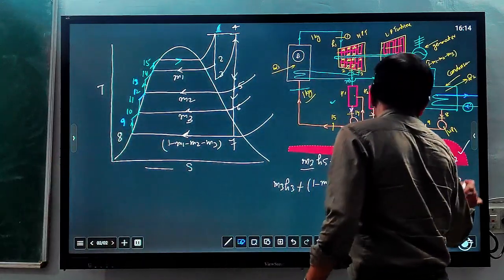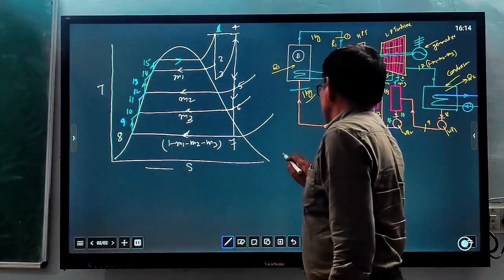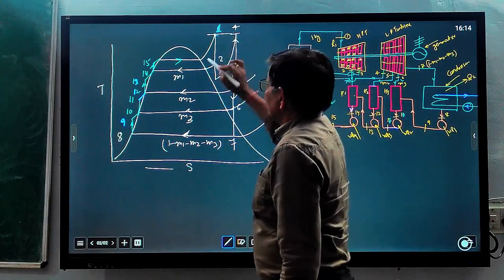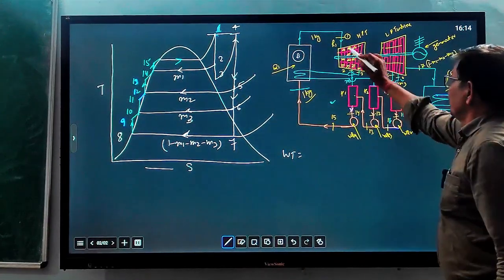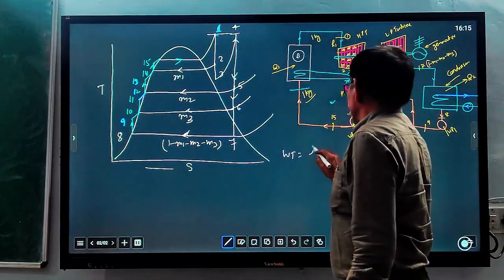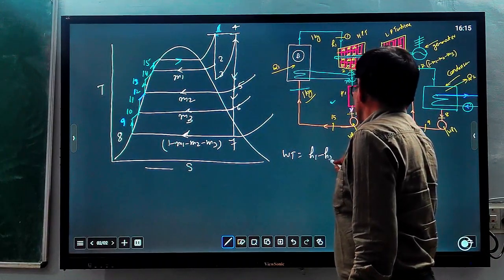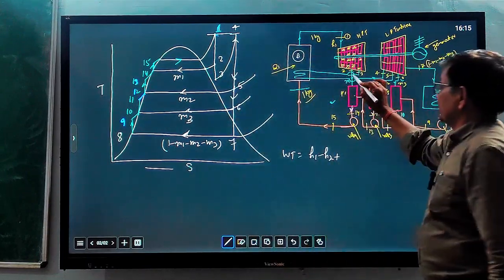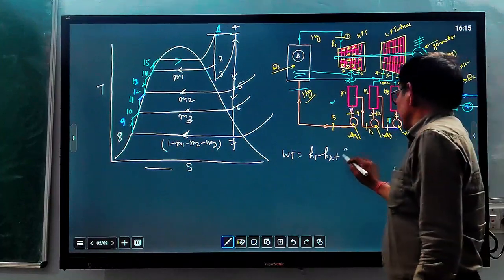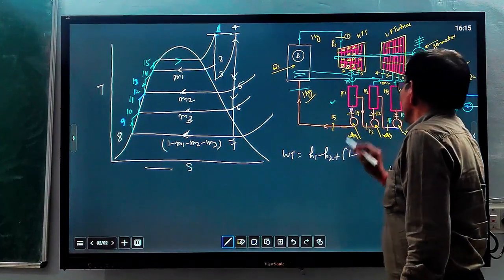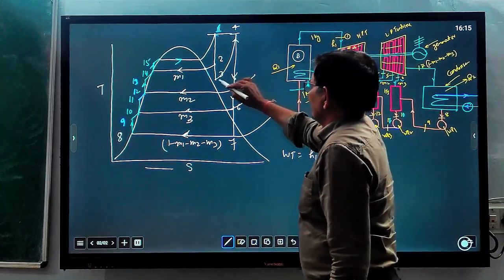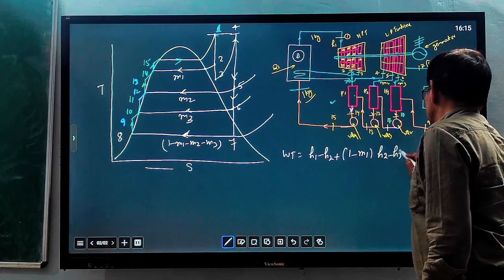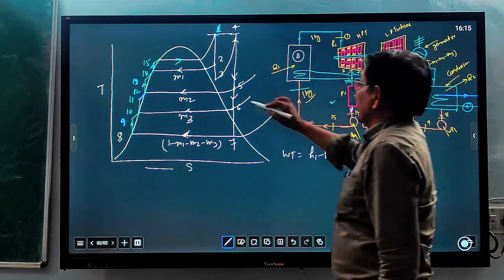Now let us see how to find the turbine work, WT. From state 1 to state 2, the full quantity will expand, so H1 minus H2. From state 2 to state 3, because M1 is taken back, the remaining quantity will be (1 minus M1) into the enthalpy difference, H2 minus H3, and from here again it is reheated.